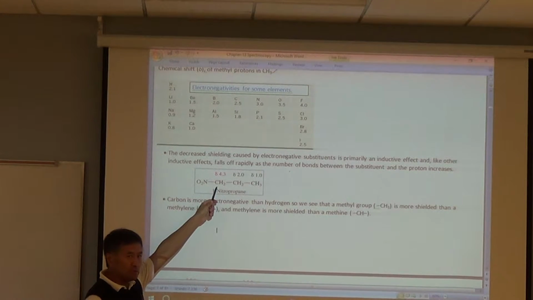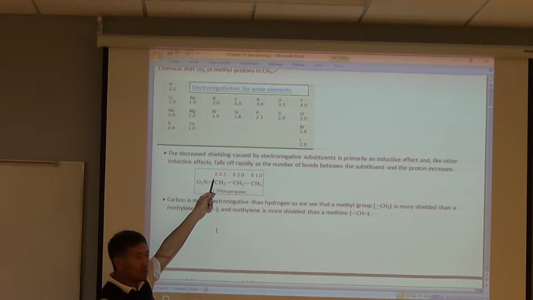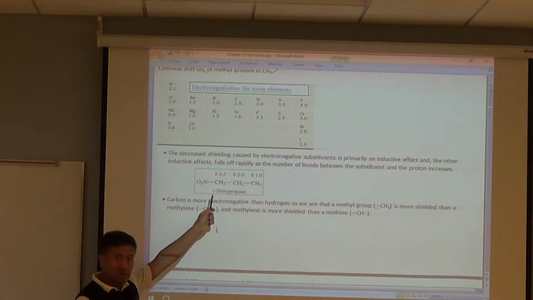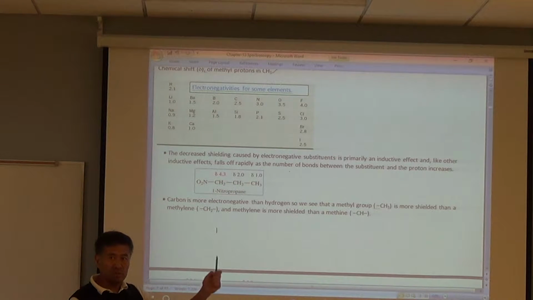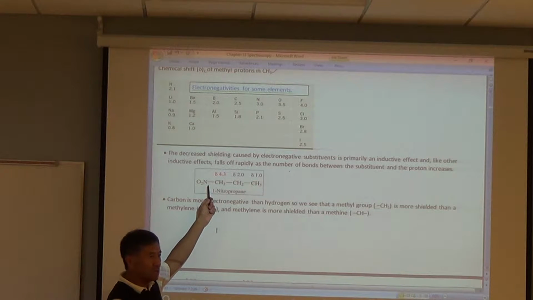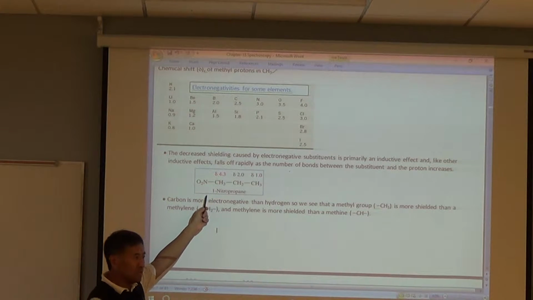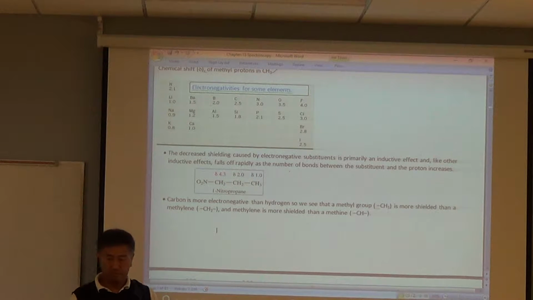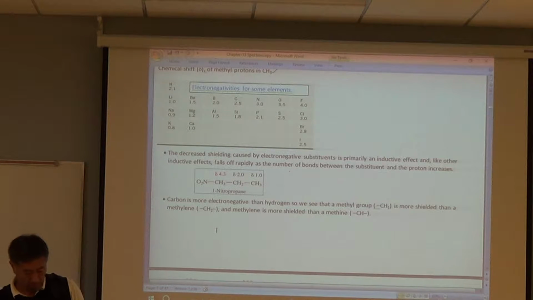The chemical shift, we use the symbol lowercase delta. The larger the delta, that means the more deshielded, the more electron density is lost. As the carbon gets farther and farther away from the electronegative atom, the effect gets weaker and weaker. So the further it is, the more upfield it is. Yes.